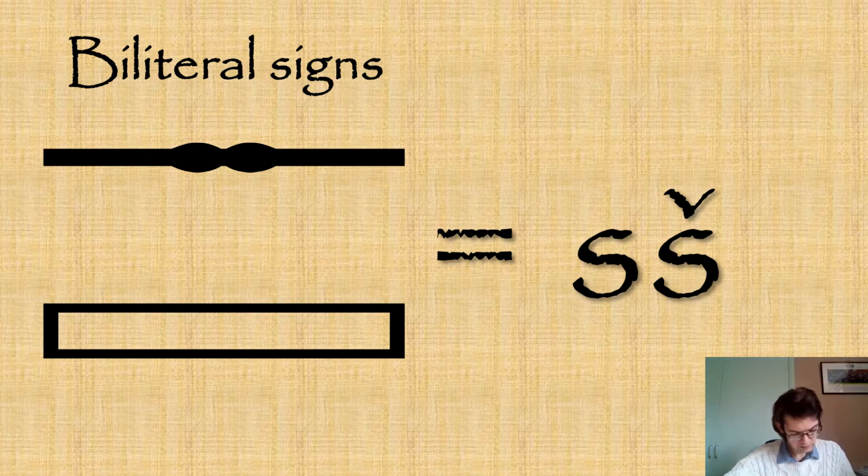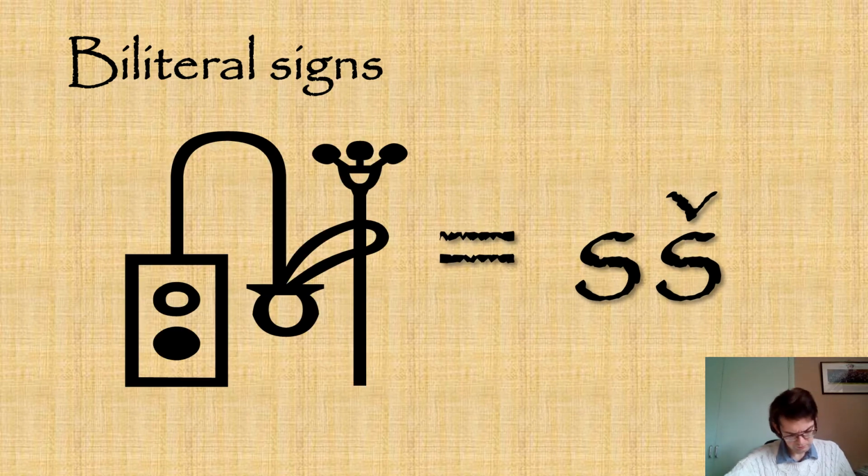Instead, sesh is simply written with this sign. This might seem needlessly complicated to us, but having biliterals like this presented many advantages to the Egyptians. Firstly, by reducing two signs to one, you make the process of writing quicker, and you potentially also take up less space.